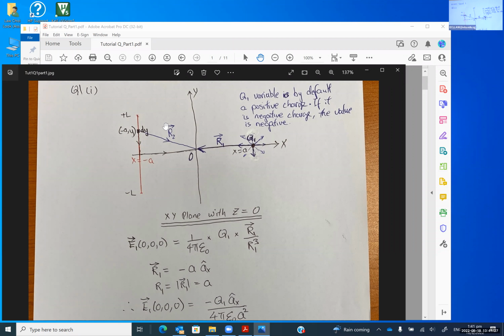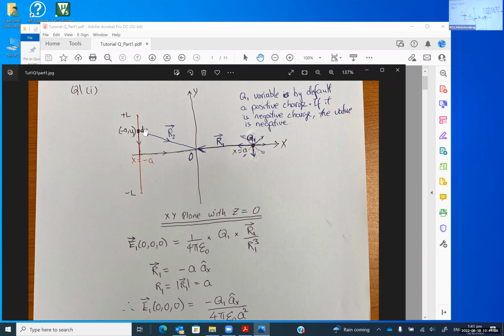Y is a positive value, and it is a variable. So we choose it here in the positive y-axis. So the location of this point charge is at x equal to minus A, y is equal to some y variable, z is equal to 0. So eventually we're going to allow this y variable to vary from minus L to plus L.